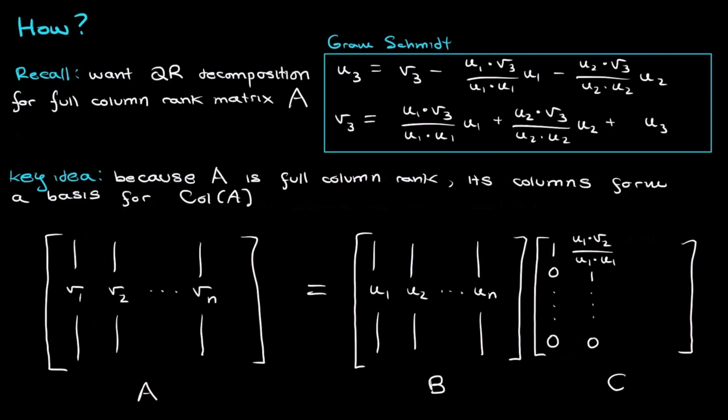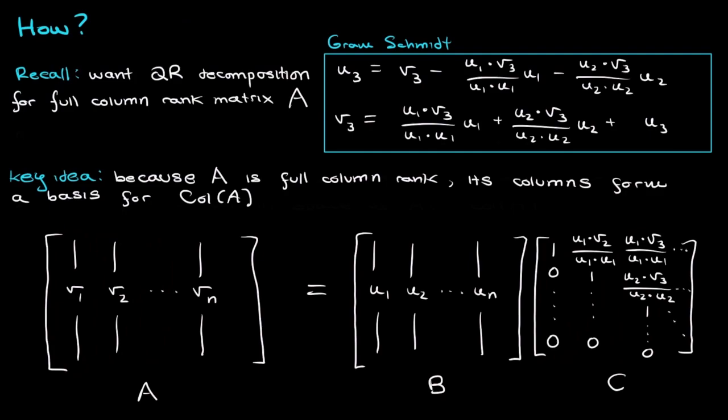Just like in the case of the previous two columns, the third column of the matrix C tells us what linear combination of the columns of the matrix B gives us the third column of the matrix A. The second way I've written the Gram-Schmidt formula above now comes in handy again, and I can read off the coefficients that ought to go in the third column of the matrix C. Going from top to bottom, they are u1·v3 divided by u1·u1, u2·v3 divided by u2·u2, 1, and the remaining entries are 0.